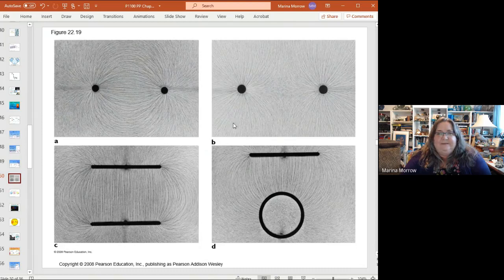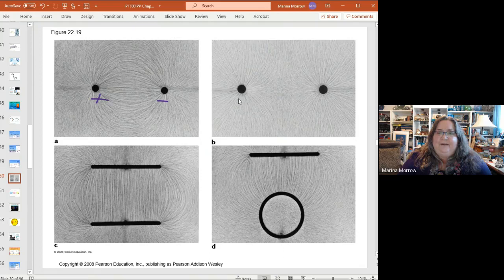And here are some little tiny pieces of fiber that are being affected by, they're set in some oil, and then these black spots are where there's some charges. And so the little fibers are lining up along the electric field line. So you can see how they match the electric fields we were talking about. So this must be like a positive and a negative.